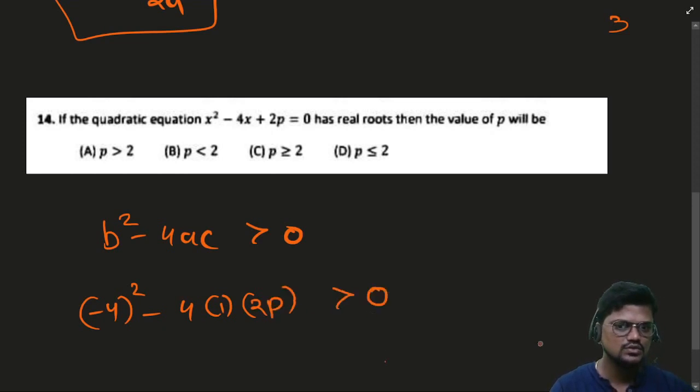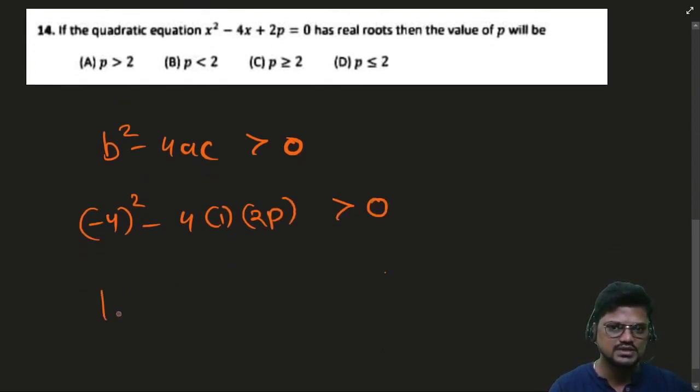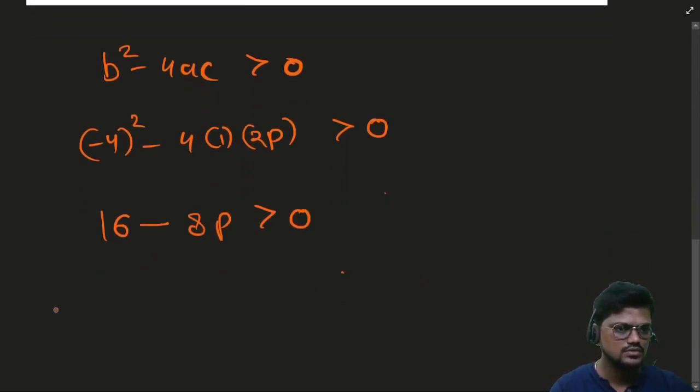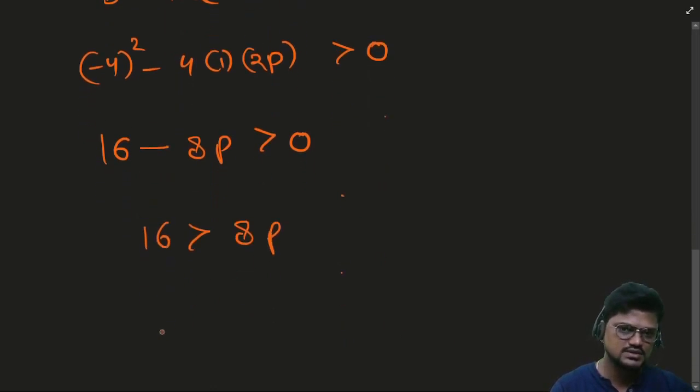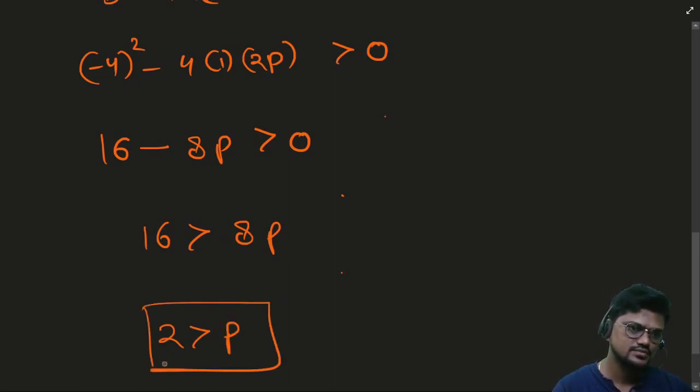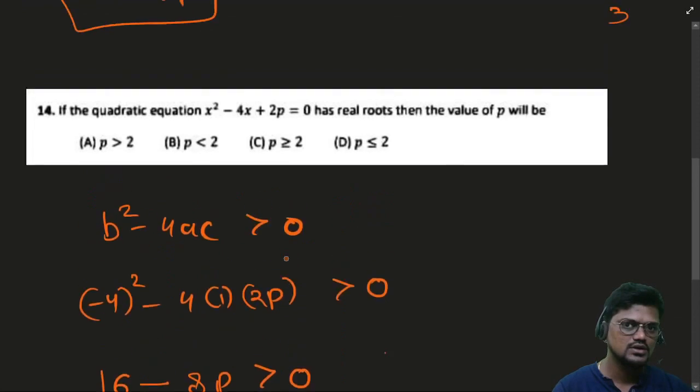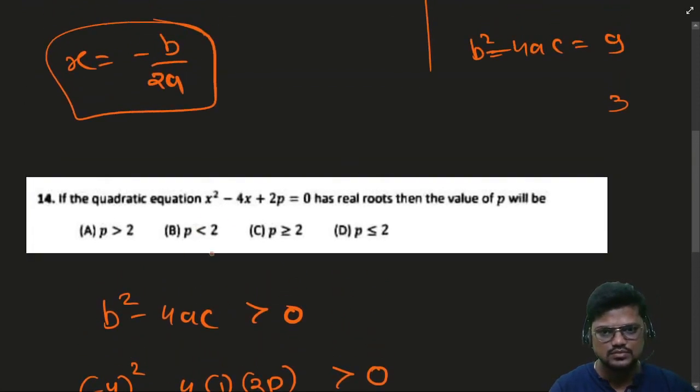So minus 4 whole square minus 4 times 2p should be greater than 0. Minus 4 whole square will be 16. 16 minus 8p should be greater than 0. So if 8p goes to the other side, 16 is greater than 8p. Dividing by 2 on both sides, 2 is greater than p. The value of p should be less than 2.